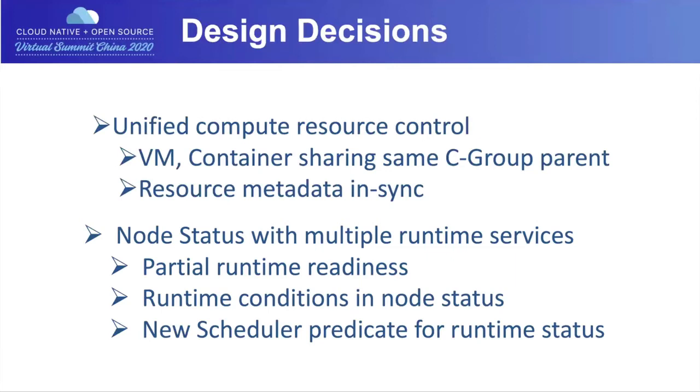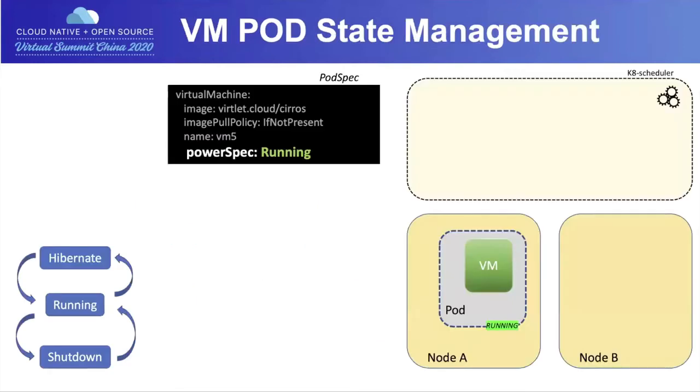The scheduler will only schedule the workload to the node where the desired runtime service is ready. This is very important in a cluster, so the node will still be useful as long as the primary runtime service is ready. So with those design decisions, we are able to have this unified runtime to allow both VM and the container to run at the same time.